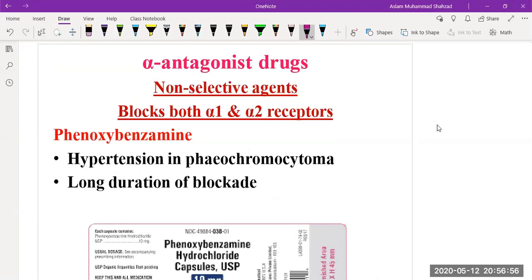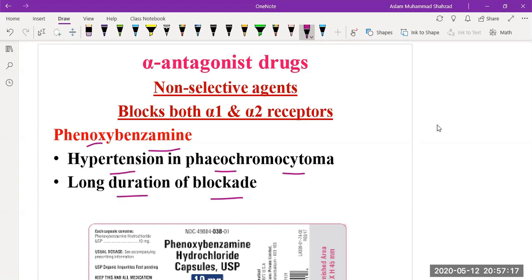Then we have some more examples like phenoxybenzamine, which is also used for the treatment of hypertension in pheochromocytoma, and it has a long duration of blockage, because we know that in pheochromocytoma there will be an increase of the norepinephrine.